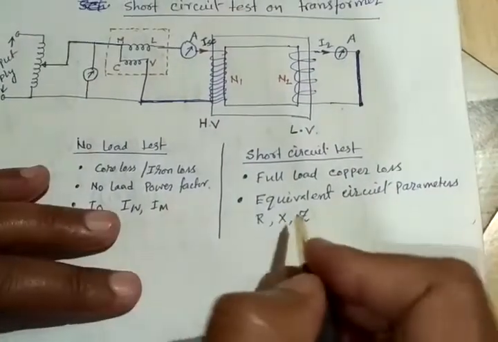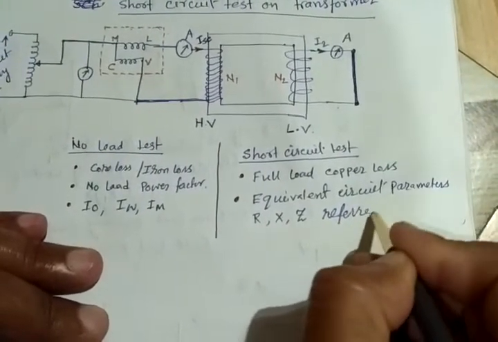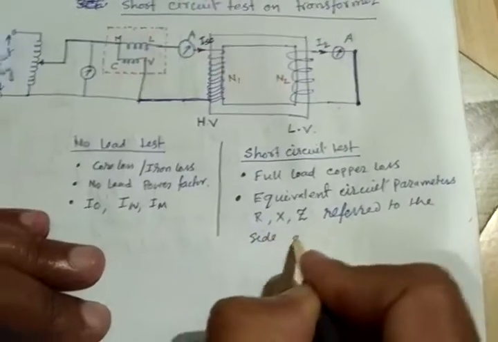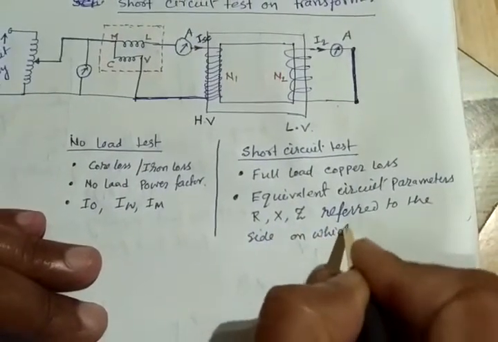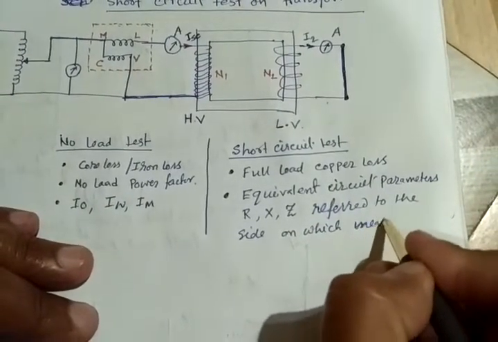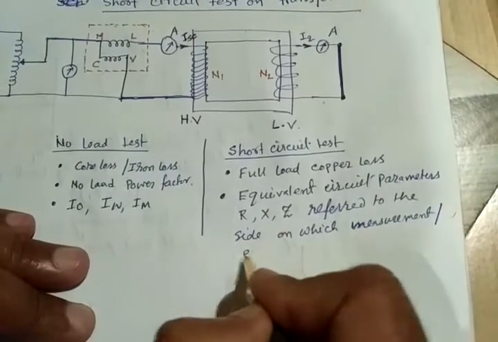So resistance, reactance and impedance referred to the side on which instruments are connected or the experiment is performed.